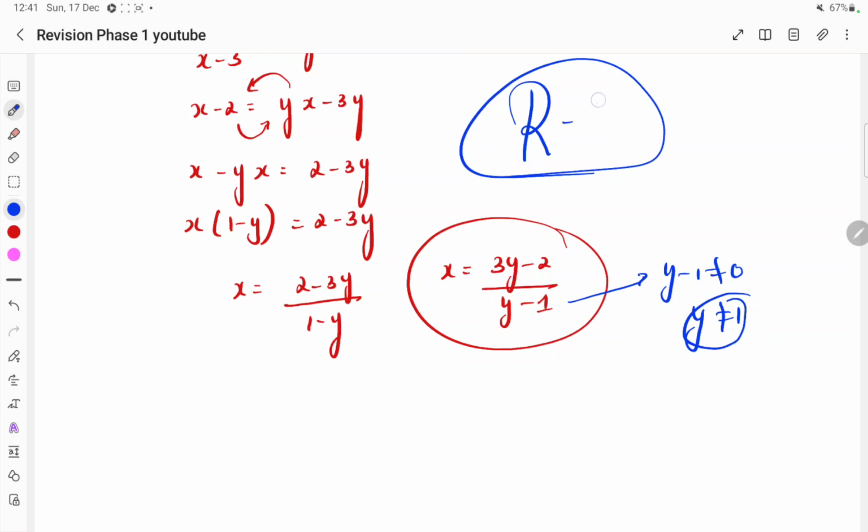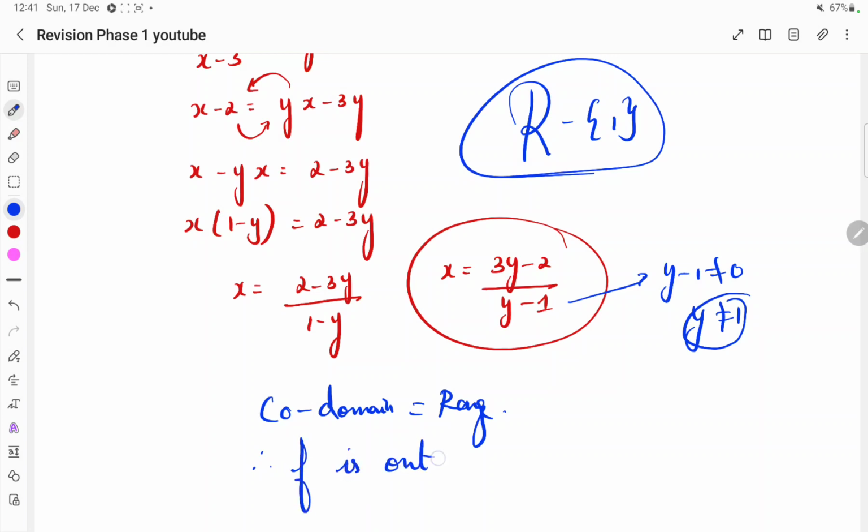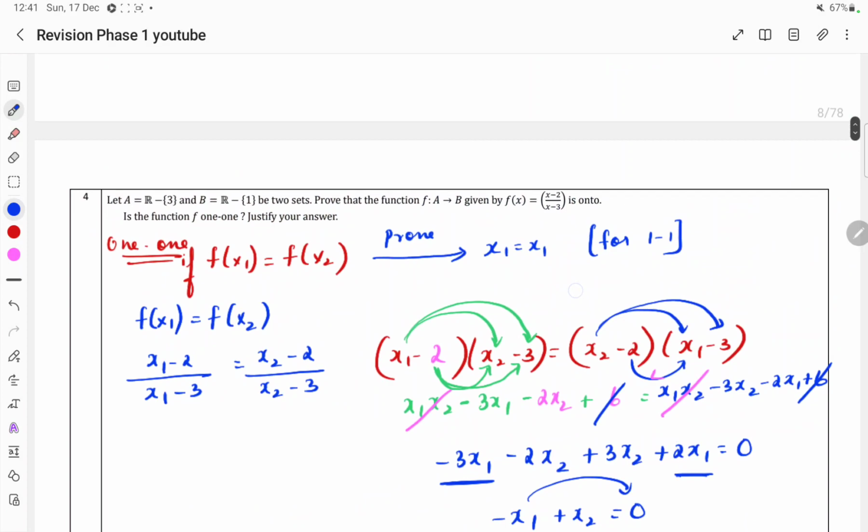So here this condition is also given, all real number except 1, which means codomain will be equal to range. So if codomain is equal to range, then we can say f is onto. Onto I can say, or I can say surjective. So this is what we have in this question number 4.